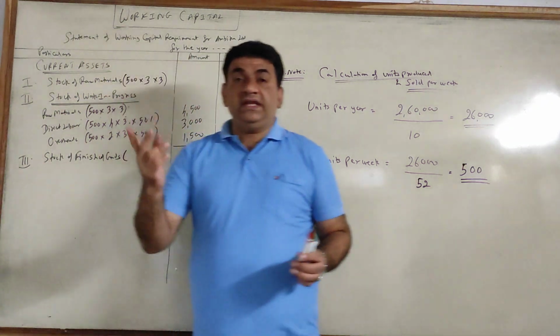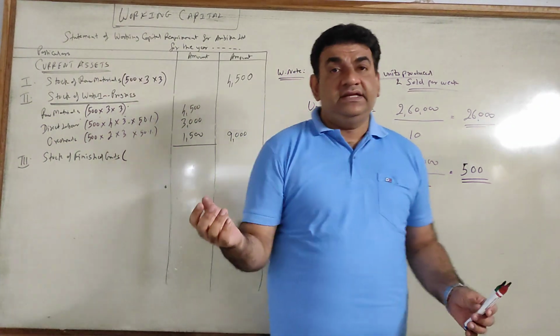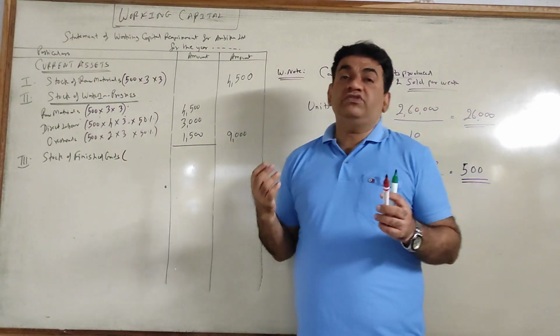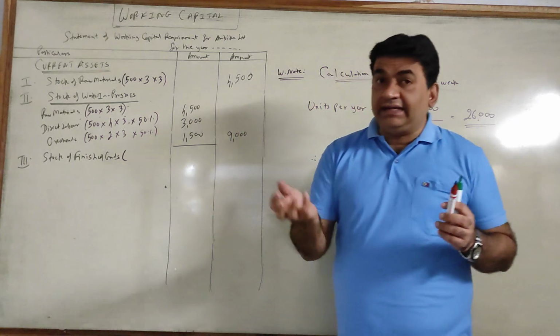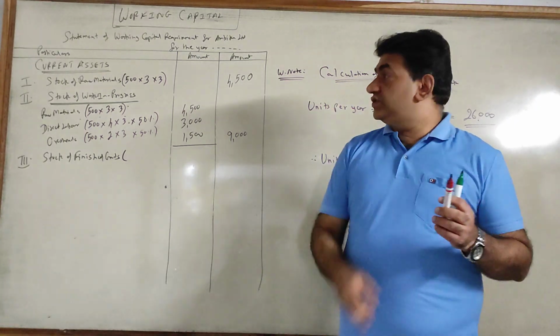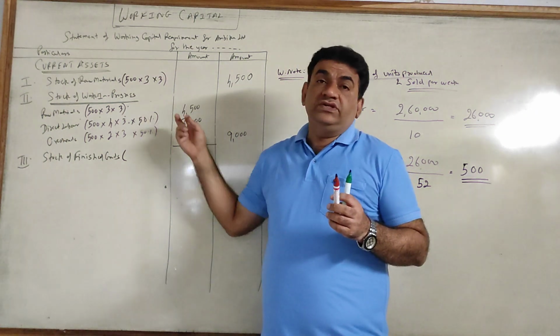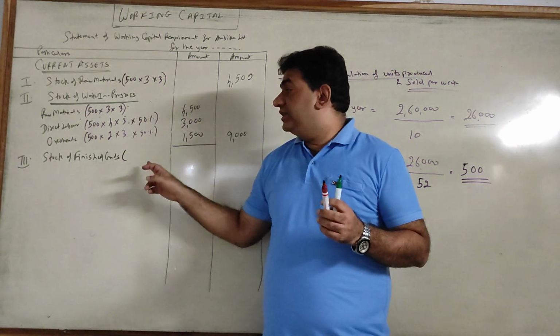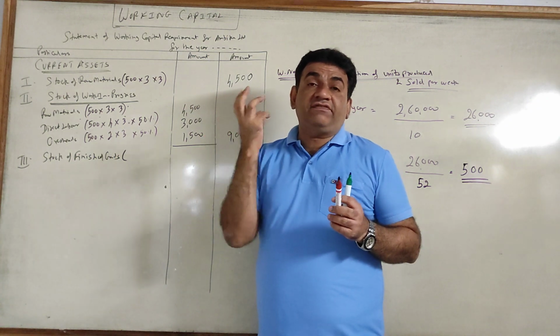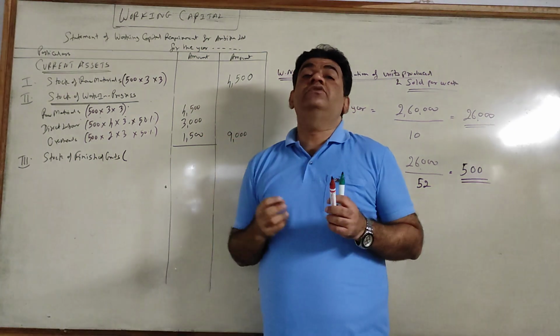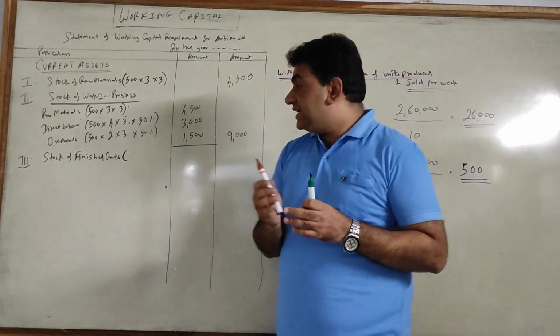Finished goods is the main goods which you are going to sell, because ultimately what you are going to sell is finished goods only. But to manufacture those finished goods, I need raw material and WIP. So that we did. So now finished goods. These are the final product which you are going to sell to the customer. Same thing.